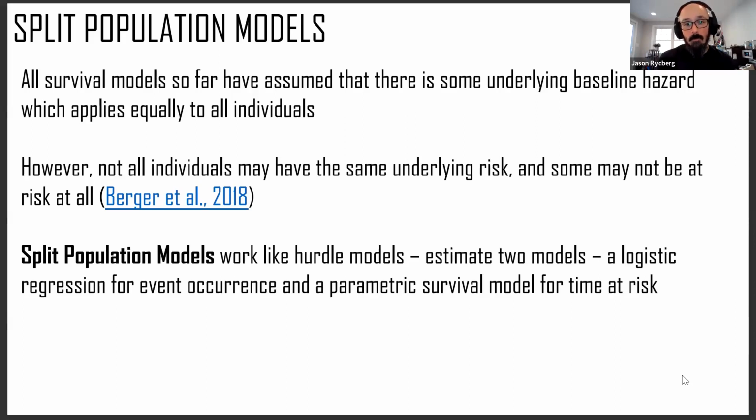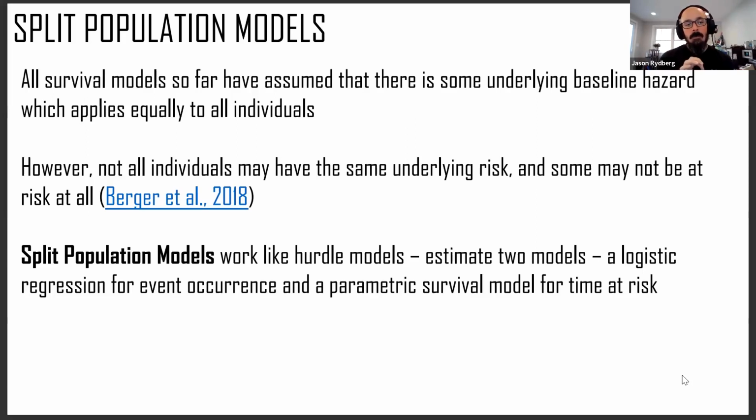So far, whether we've done Cox or parametric, we've assumed there's some underlying baseline hazard function that applies equally to all individuals, but it shifts depending on their covariates. But it does assume that for whatever the outcome is, at any point there is some hazard. For me, right now there is some hazard of mortality. Hopefully it's low, but it's there, right?